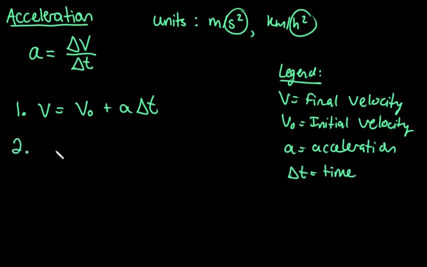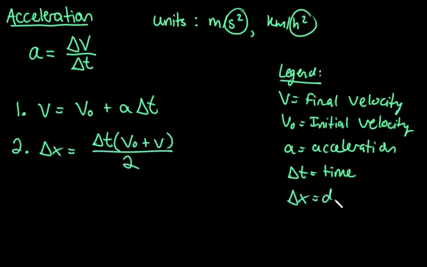The second formula is delta x is equal to delta t times v naught plus v divided by 2. So delta x, if we remember, that is our displacement, our change in position.